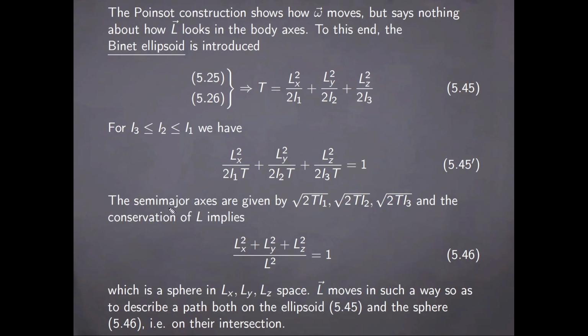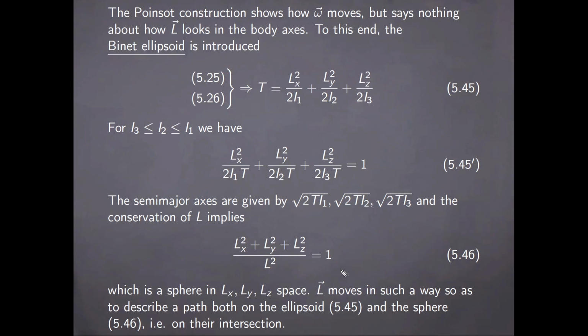So then the semi-major axes are given by these three square roots, and the conservation of the angular momentum will then imply the equality here, which is nothing but the equation of a sphere in a space given by the values of the three Cartesian components of the angular momentum.